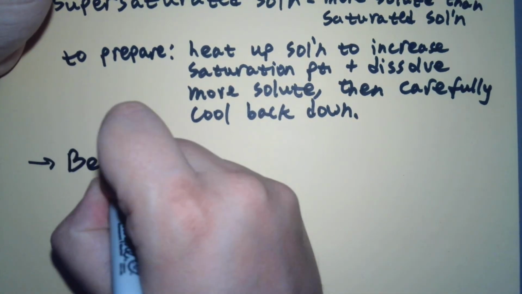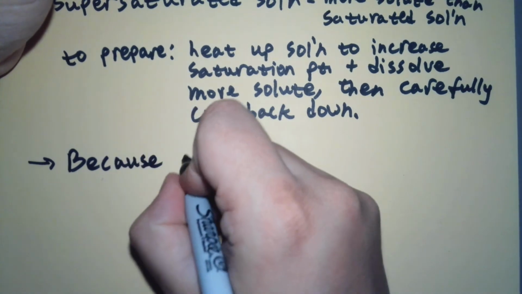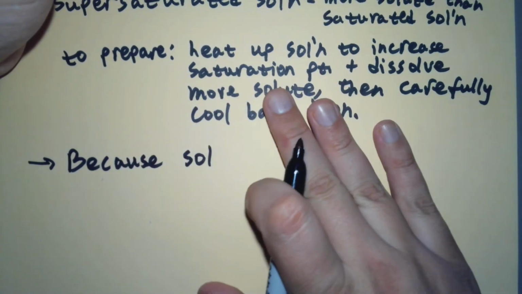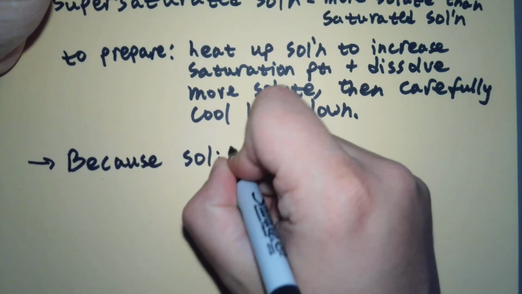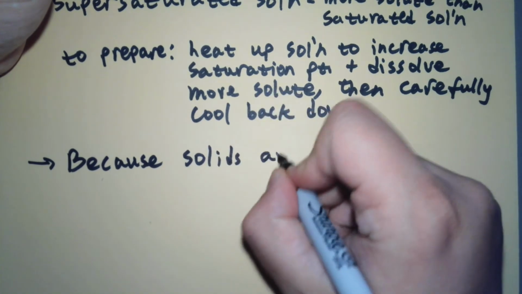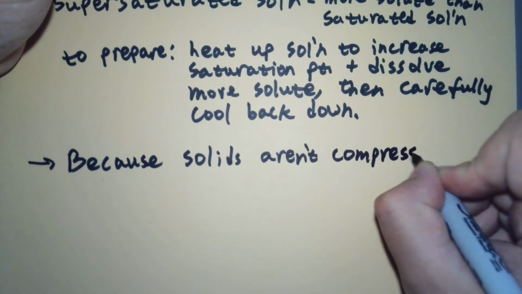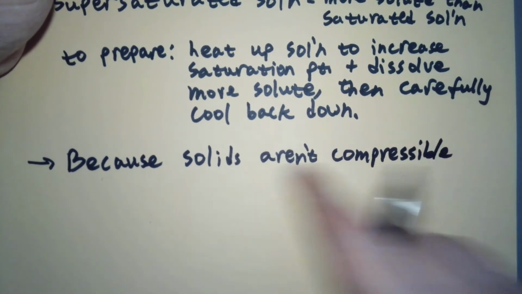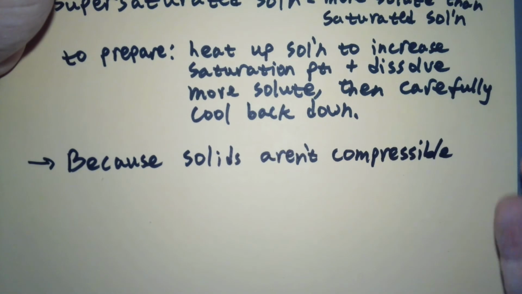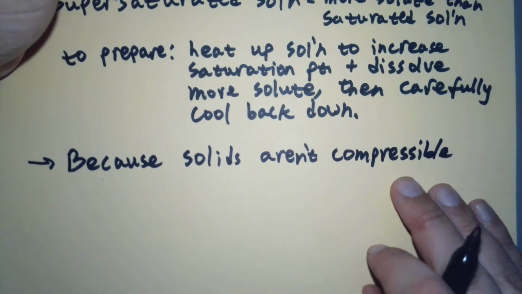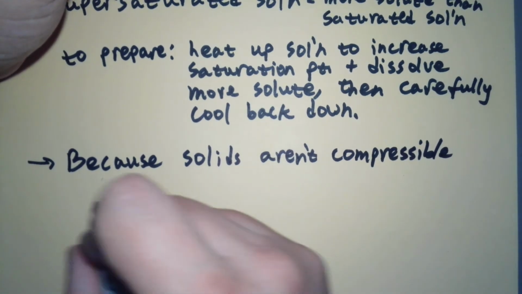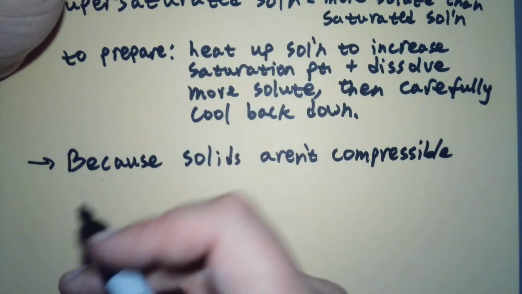solids aren't compressible, right? We've talked about the phases of matter. I put pressure on a solid. It doesn't really change volume very much. And as a result of that, and if you can read between the lines here, there is something that this does mean later, but because solids aren't compressible, pressure doesn't affect solubility.